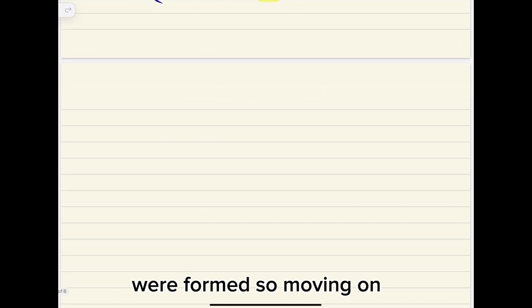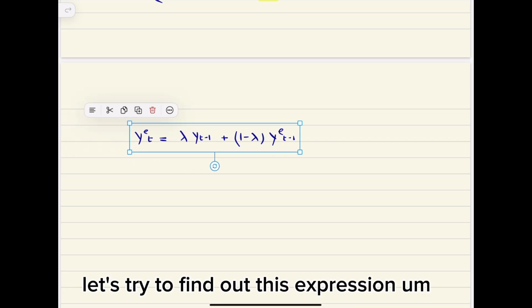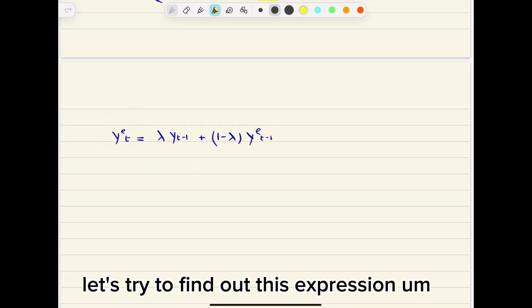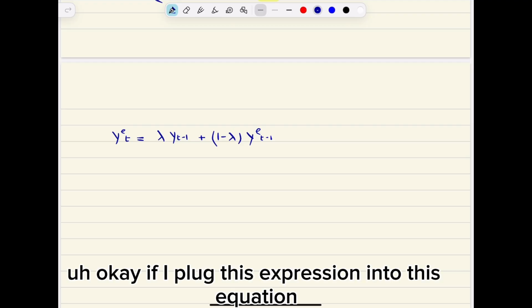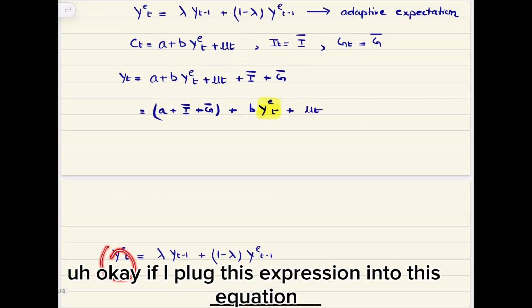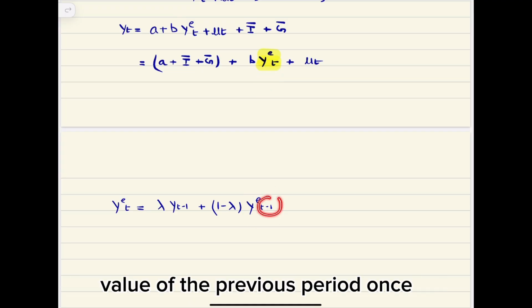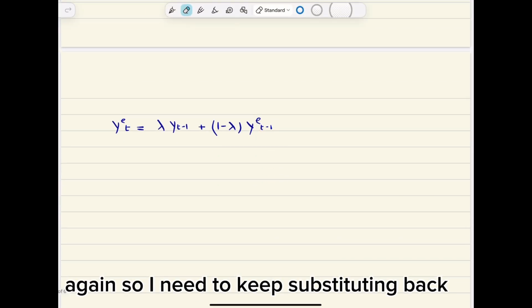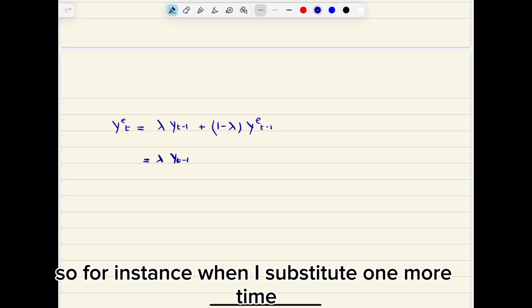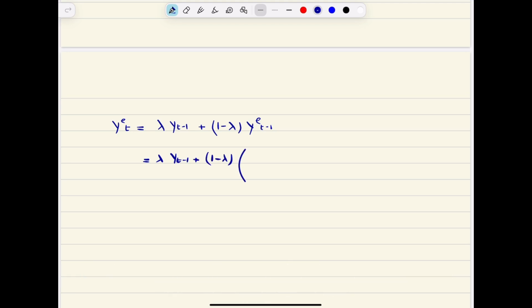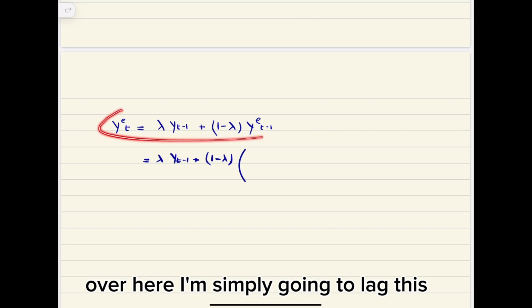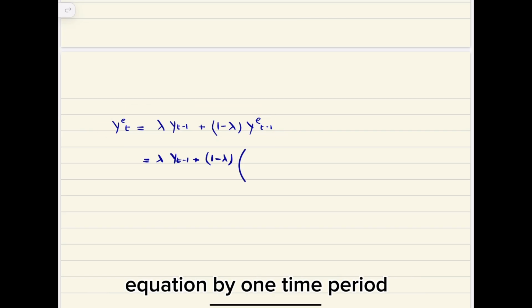So moving on, let's try to find out this expression. Okay, if I plug this expression into this equation, I'm still going to be left with an expected value of the previous period once again. So I need to keep substituting back. So for instance, when I substitute one more time, what am I going to get over here? I'm simply going to lag this equation by one time period.